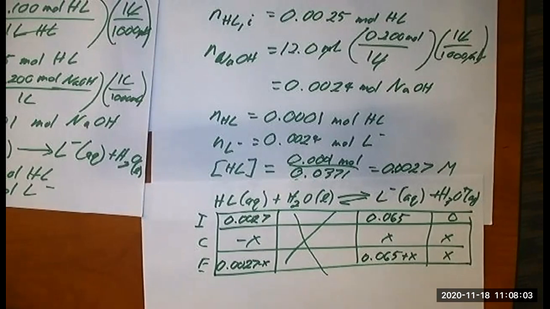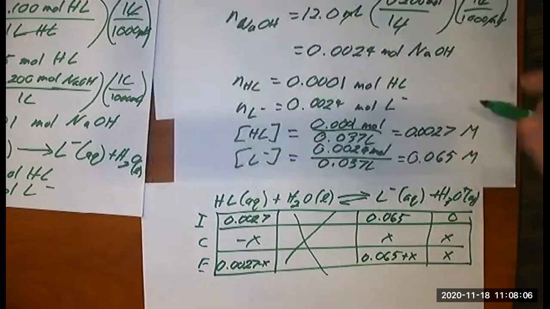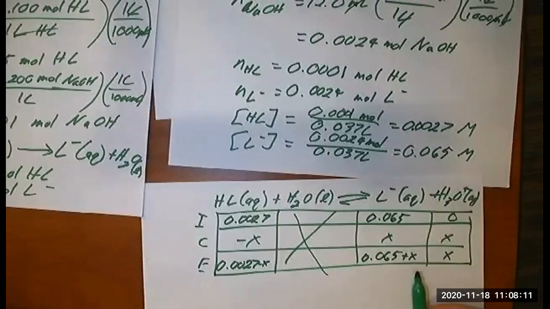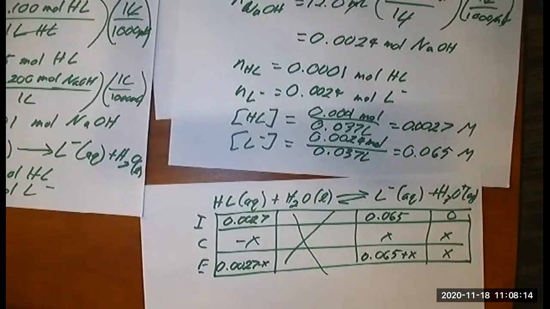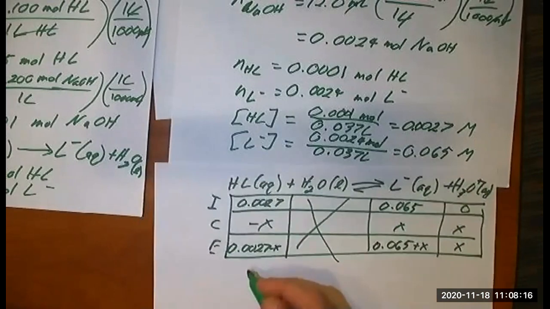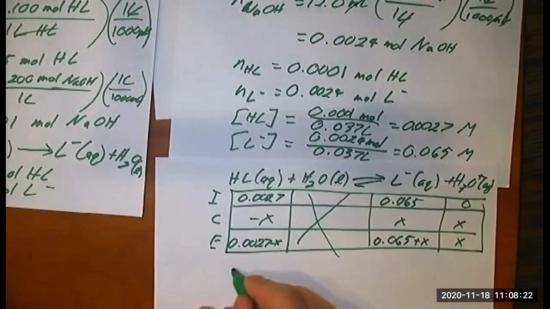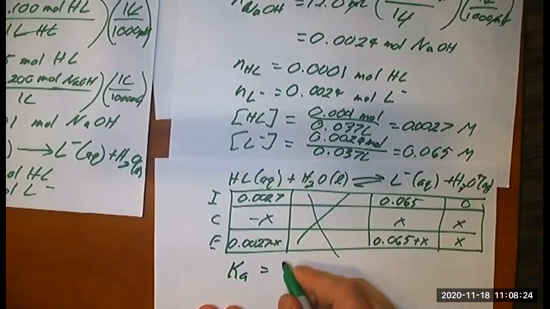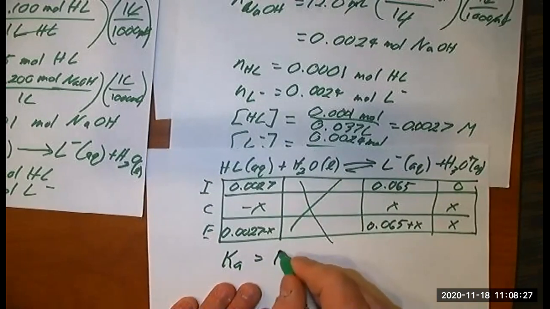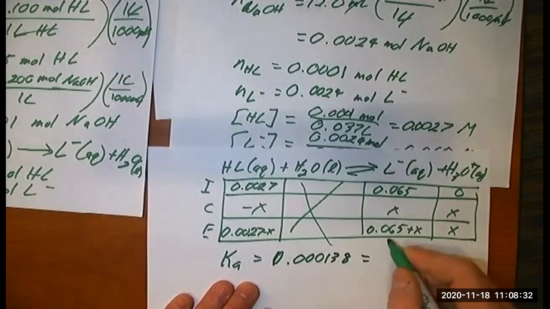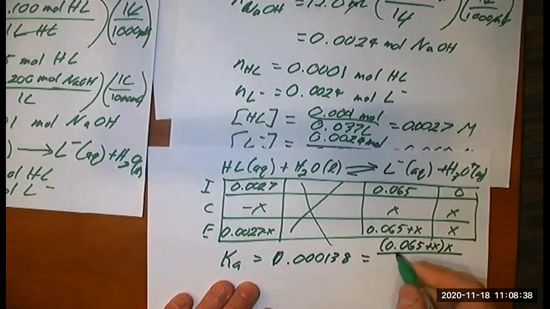and then check the answer again to see if that was a valid thing to do. But in this case, because we observed that this ratio was too big, we know that we're already in a situation where we cannot ignore those x's. So we need to write out the full equilibrium expression. Our Ka, which we calculated earlier, 0.000138, equals 0.065 plus x times x over 0.0027 minus x.